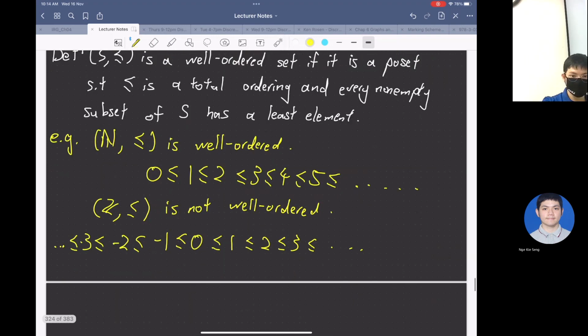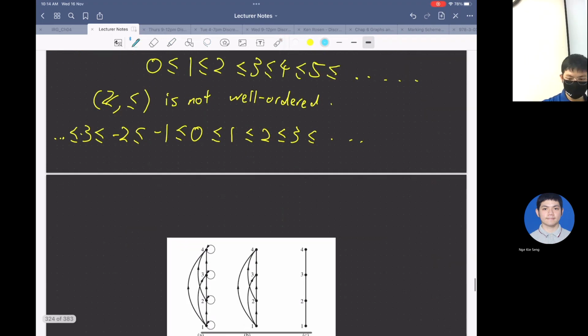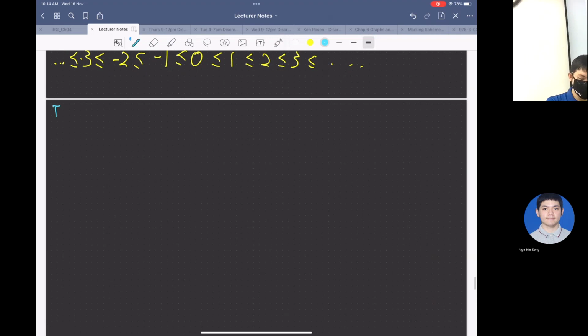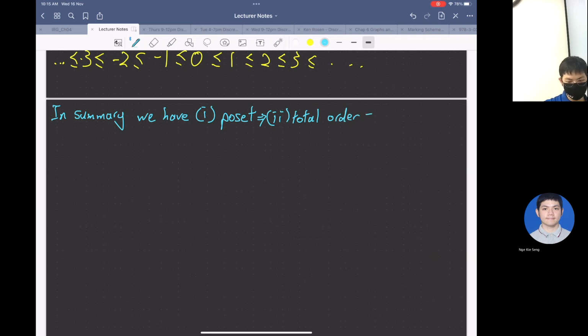In summary, we have first the poset. After poset, we go to totally ordered sets, where we compare every two elements, and then we go to well ordered sets, where there is a least element for every non-empty subset.